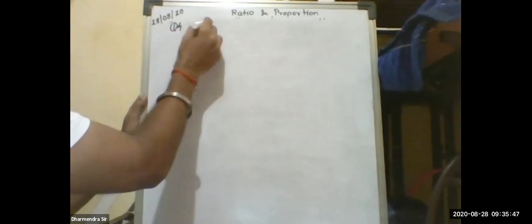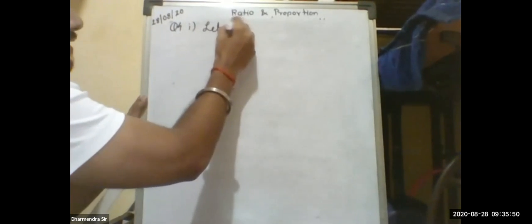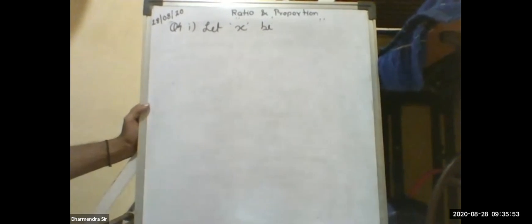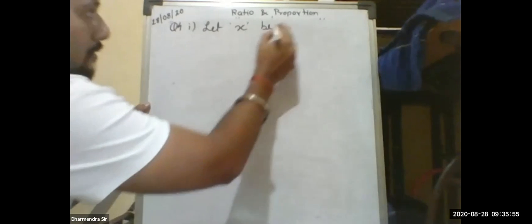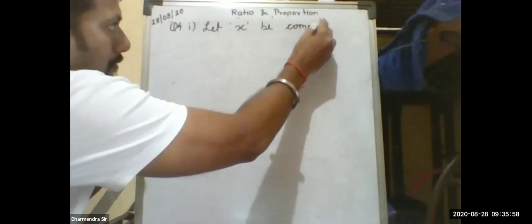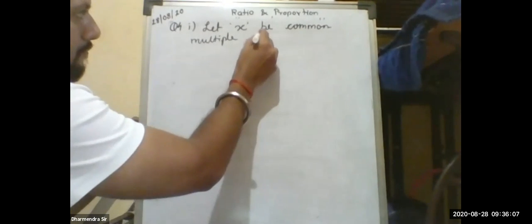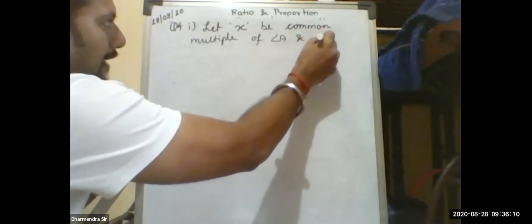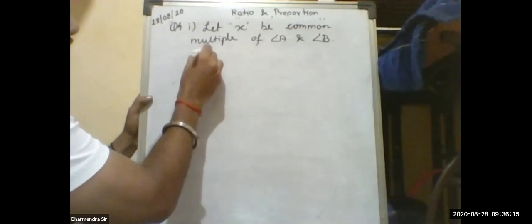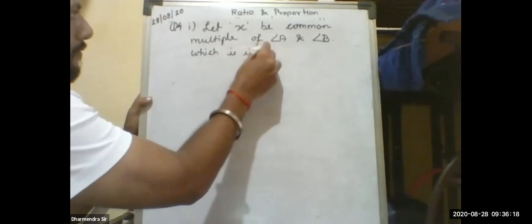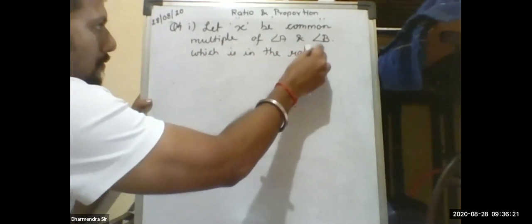So we'll start question number 4 first. Let x be the common multiple of angle A and angle B, which is given in the ratio 5:4.